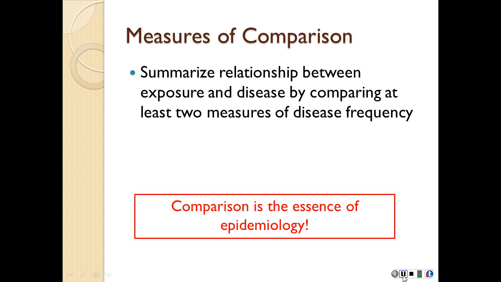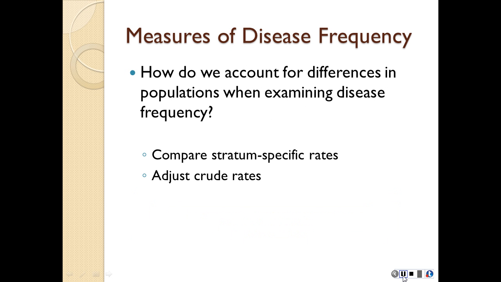So we talked last week, we started on the measures of comparison. We kind of briefly glossed over comparing stratum-specific rates and adjusted rates. Let's say we had the prevalence of diabetes in Missouri and the prevalence of diabetes in Illinois. Why might we not want to make direct comparisons there?